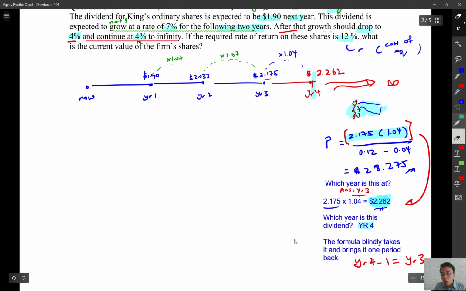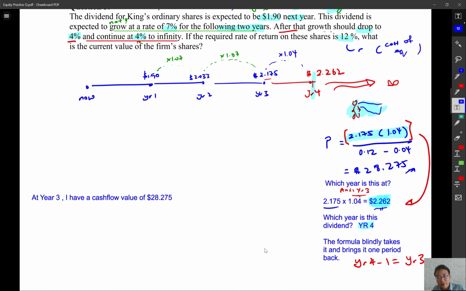I now know that at year 3, I have a value of 28.275. You can put that there as a cash flow value of 28.275. Now this 28.275, what did it capture?